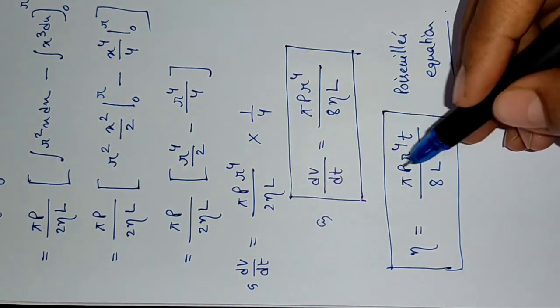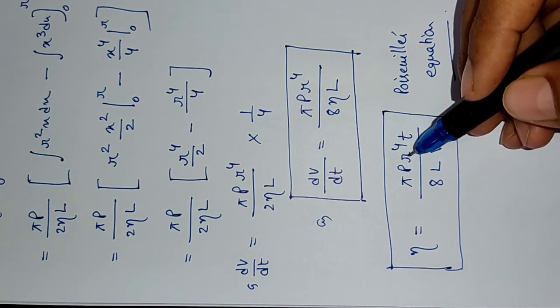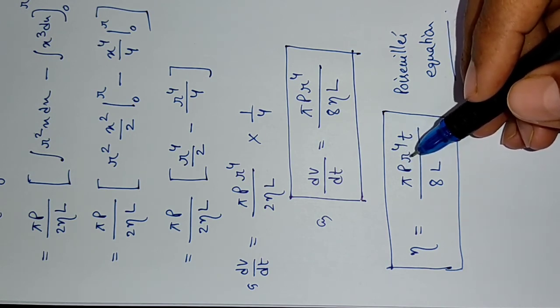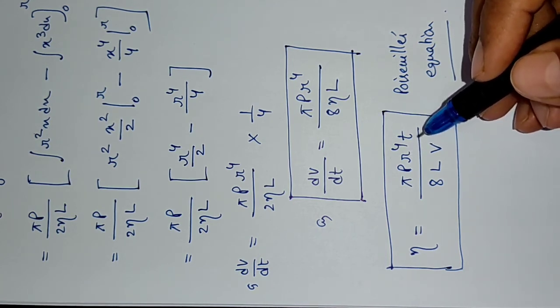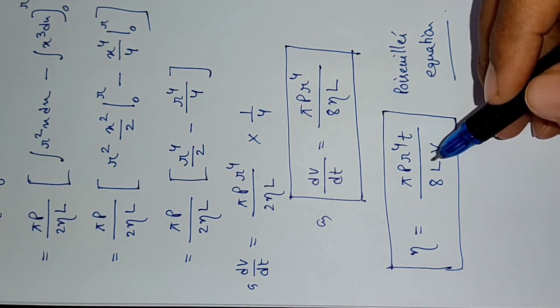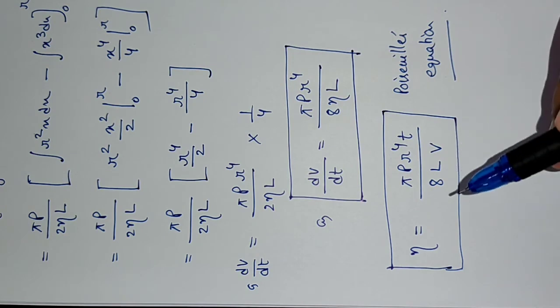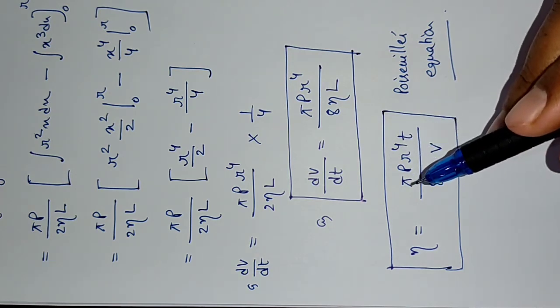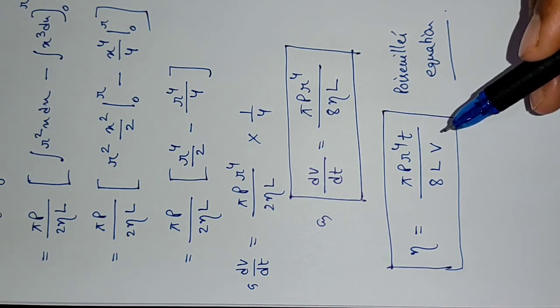Here P is the pressure difference applied across the tube, r is the radius of the tube, V is the volume of the liquid that flows through the tube in time t, and L is the length of the pipe. So eta is related to these factors, and this will help us to solve problems related to liquid flow.